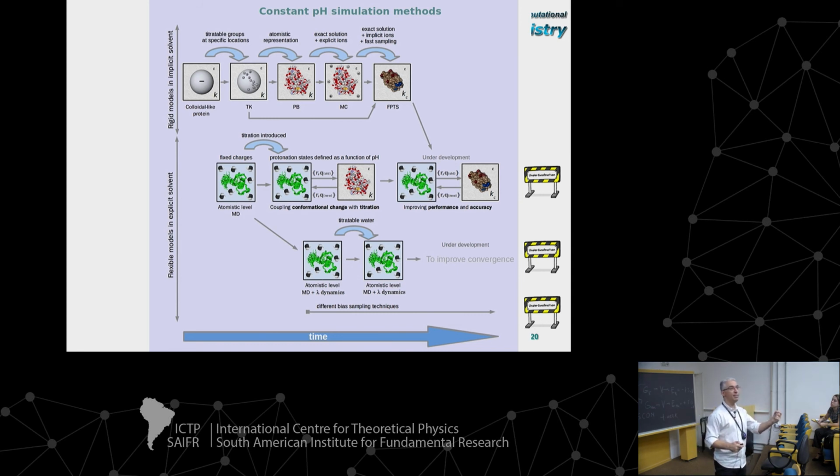It's called a lambda particle. This particle has some properties like mass and charge. You incorporate this in your Hamiltonian, so you are able to move this particle. Doing that, you have a class of models where you can even introduce a titratable water.